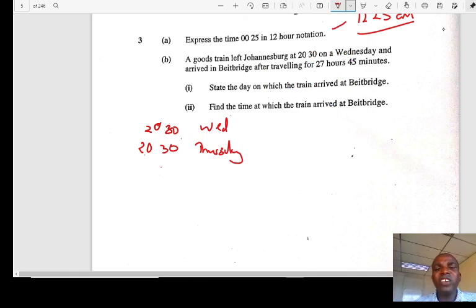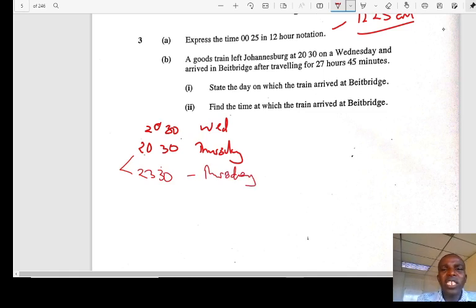From 27:45, after taking out 24 hours, we are left with 3 hours 45 minutes. So from this one, we can add 3 hours here. So if you add 3 hours here, it will be 20:30, 21:30, 22:30, 23:30. So it will be 23:30 here after adding 3 hours. It's still Thursday here.